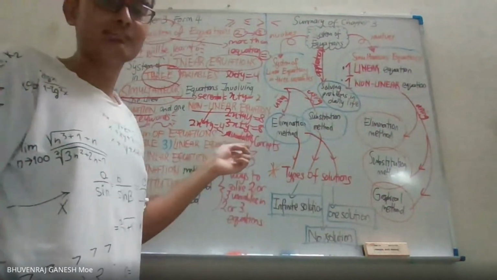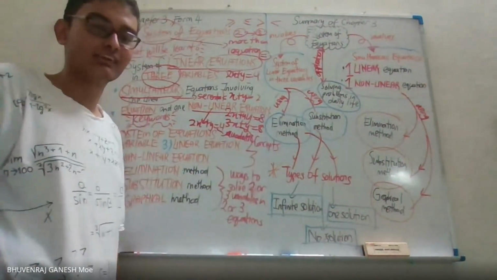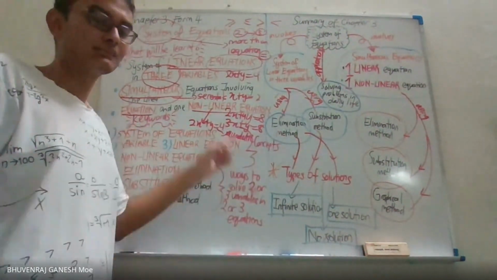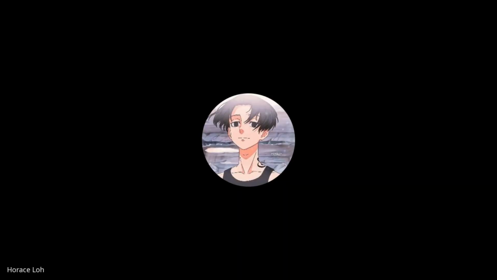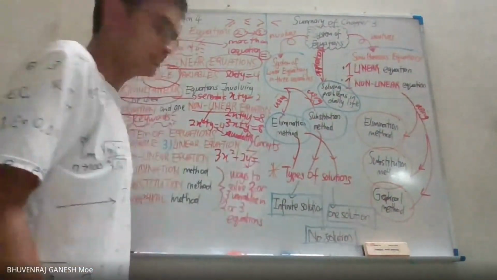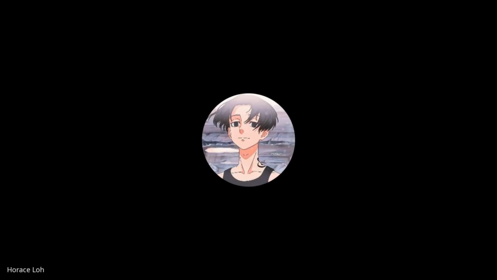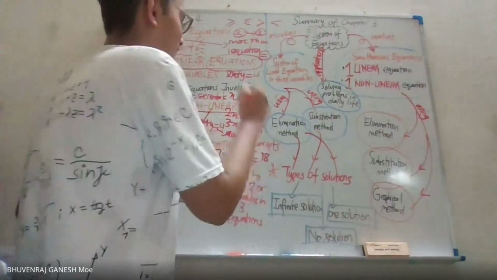So what equation can you come up with? It doesn't mean it has to be only quadratic. It can be a lot of things. 3x squared plus 2y equals 18. Okay, good. Yeah, that is correct.